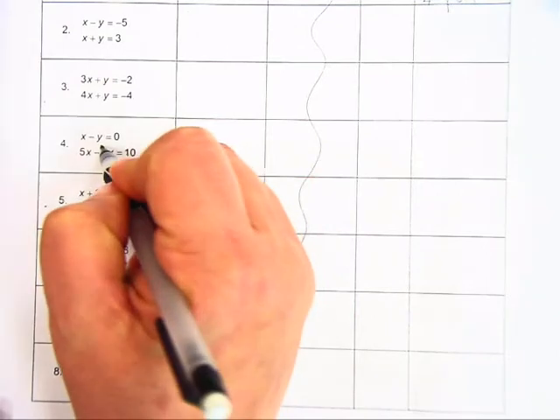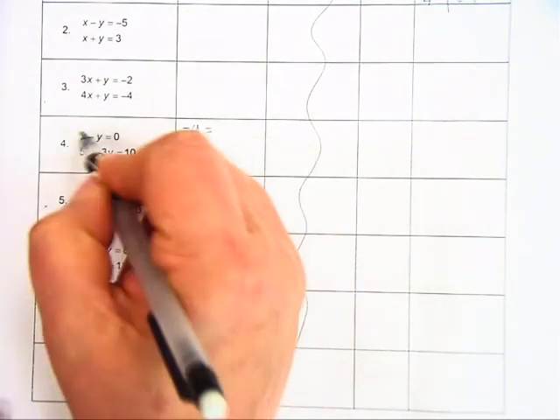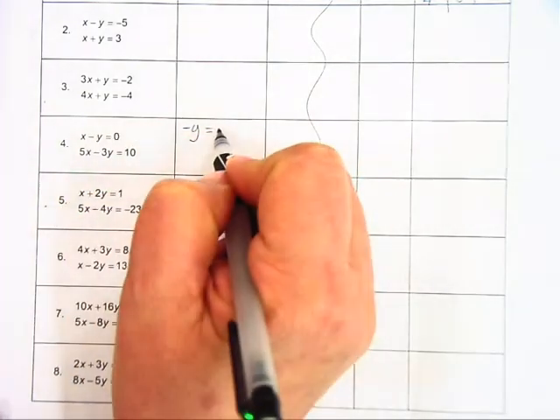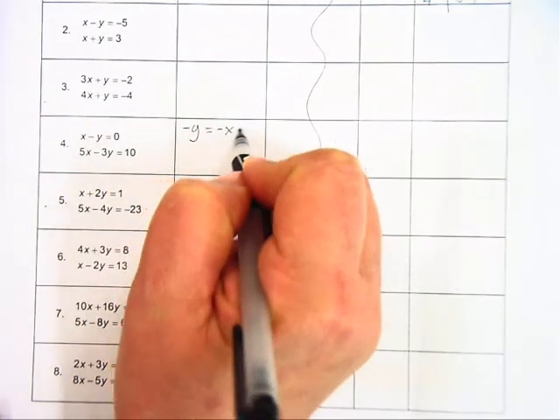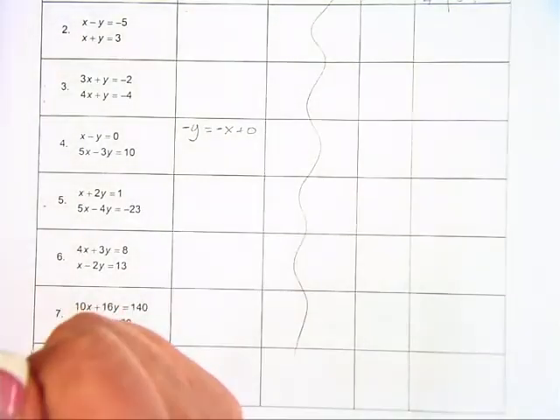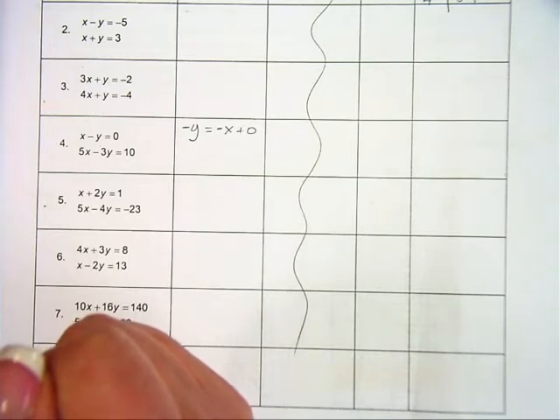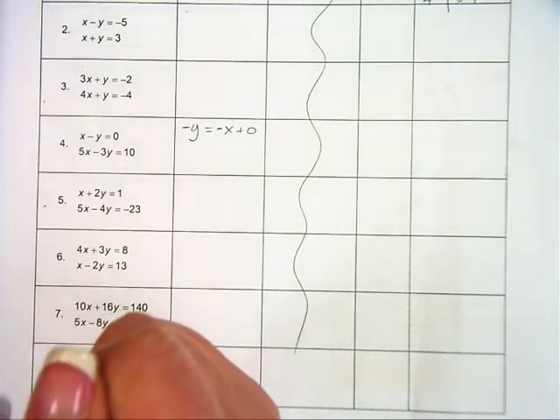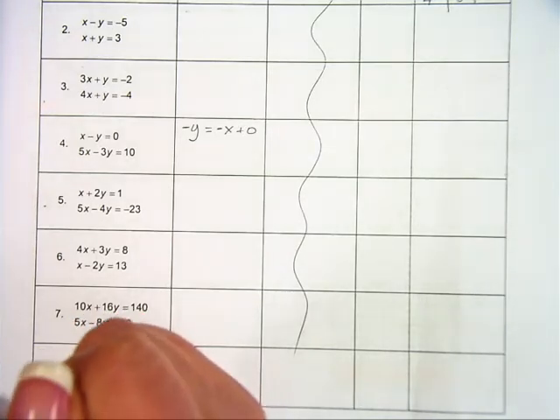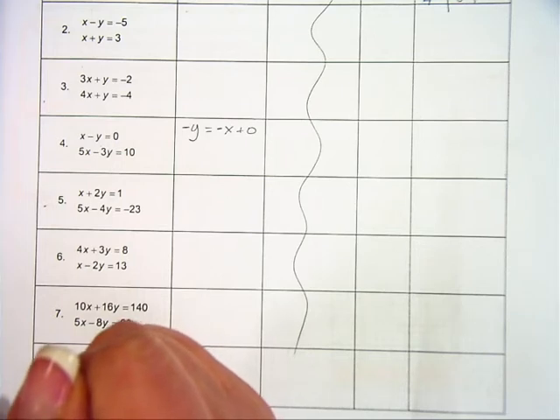The first one would be minus y equals, and then I've got to move that x over, so I get minus x, and then there's a 0 that's already over there. Now, can I have a minus y? No, the calculator does not say minus y equals, it says positive y. So, in order to change that to a positive y, we would either multiply through or divide through by a negative 1.